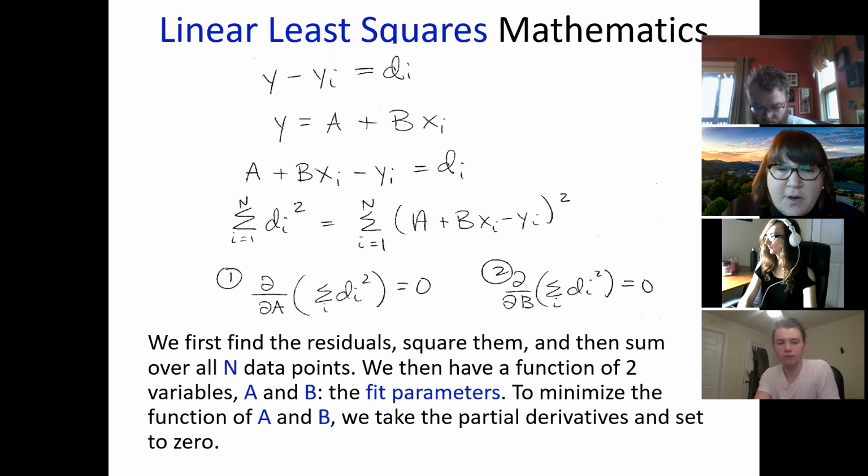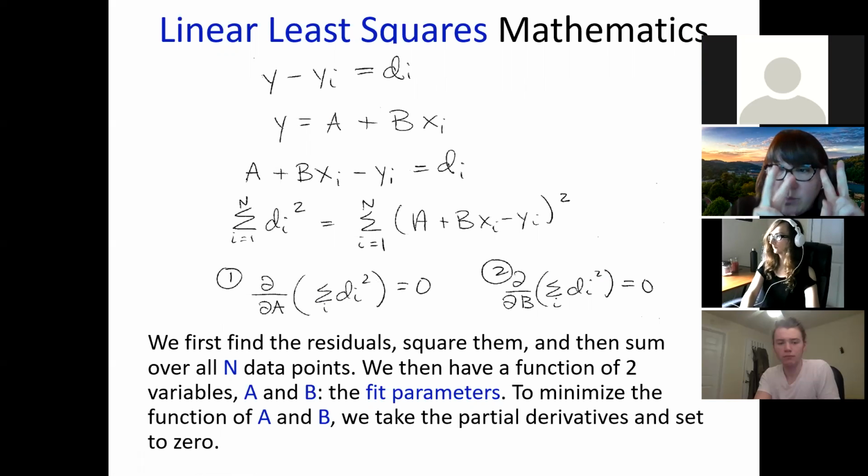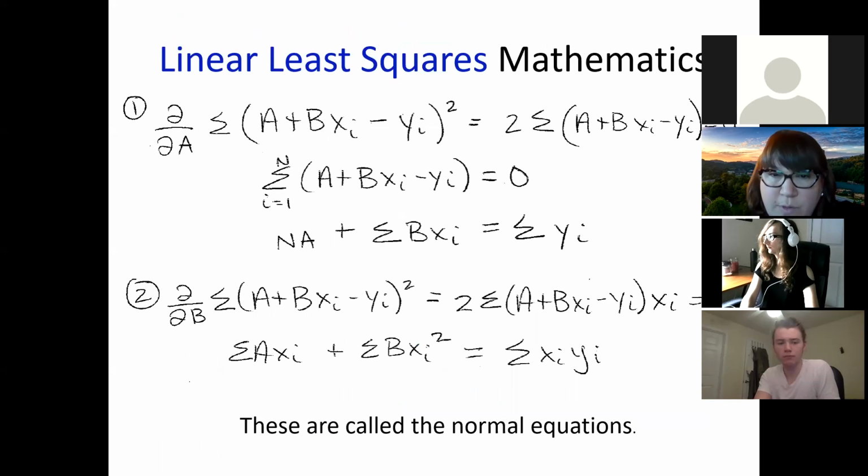So we can take these functions and take the derivative of the function with respect to a, and then with respect to b, and set that equal to 0, and use that fun trick to minimize our function, to find those minima of these functions. Okay, so we continue this on the next page. The partial derivative with respect to a of that sum of the squares.